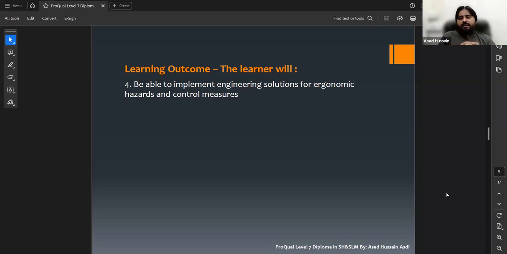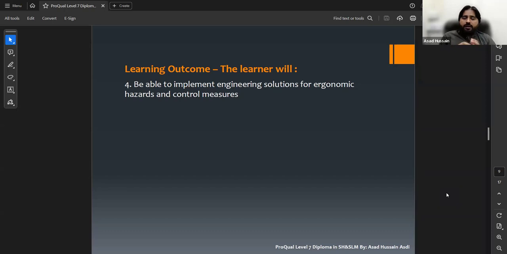positioning. Basically, what I have told you is that there are different factors, four factors are there. It's the work, the worker, the work environment, and the workplace itself. So these factors are contributing to ergonomics.